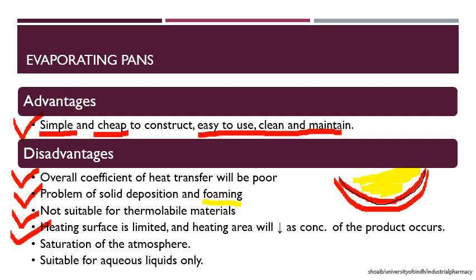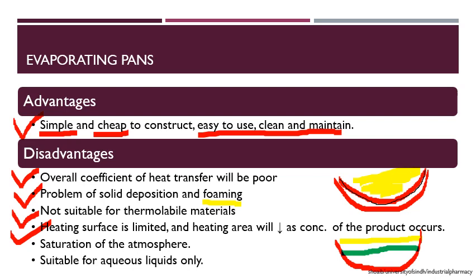Firstly, we have already discussed that the heating area or heating surface becomes less as the product is concentrated. For example, if the product is present in the pan, initially it will be at this level. As the product is dried or concentrated, its level will of course come down because the vapors are coming out of it.